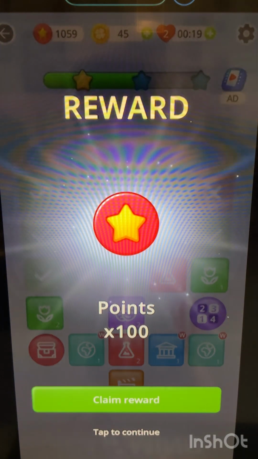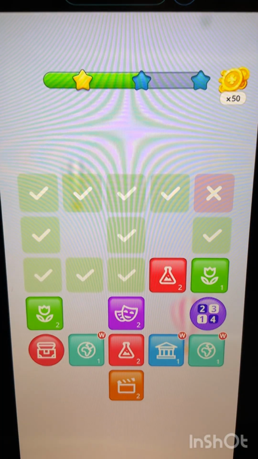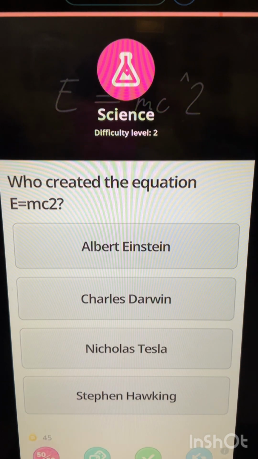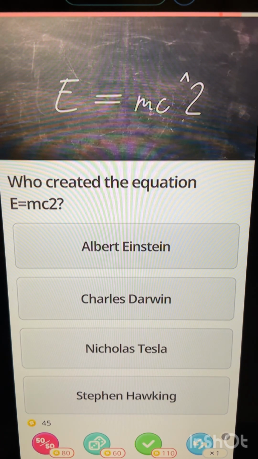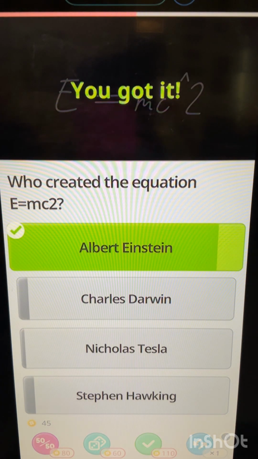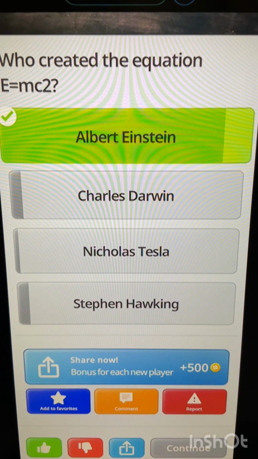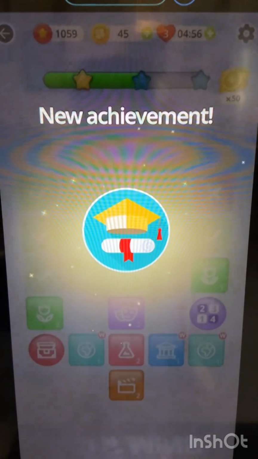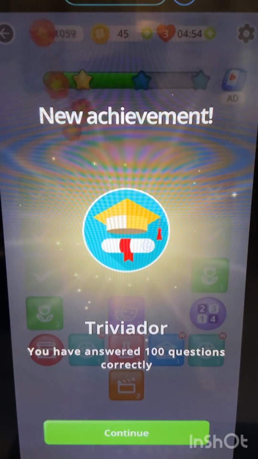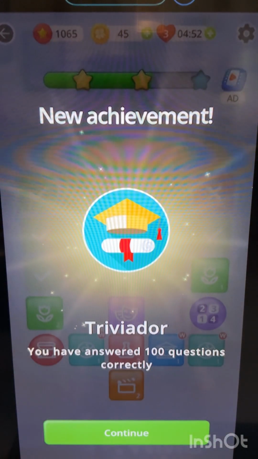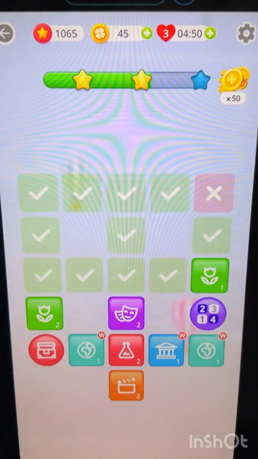So we have to continue. In science, who created the equation E equals mc2? Anybody? Einstein. So that is the cleverest man in the world. And we have answered all the questions correctly.